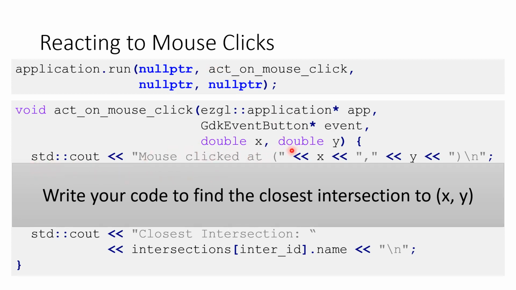And in the default function, we have an output to the terminal saying mouse click at these two coordinates. So now we have the mouse click coordinates. How do we find which intersection we click on?